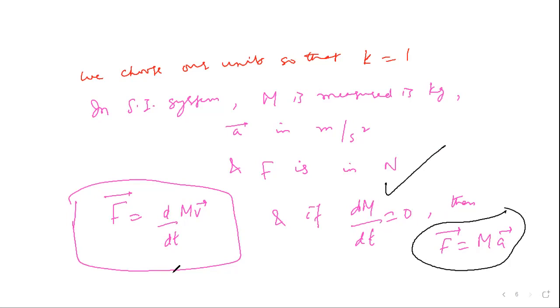We need to keep this in mind. When we write F equals ma as the Newton's second law statement, we're assuming that the mass of the body is not changing with time. Here, mass is inside the time derivative, so we don't have that restriction, right?